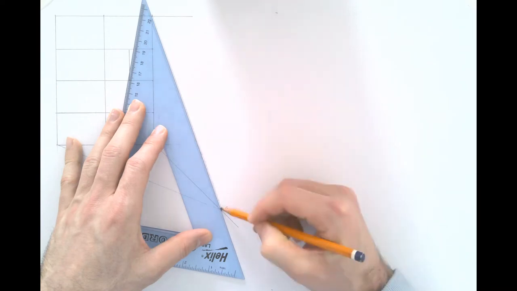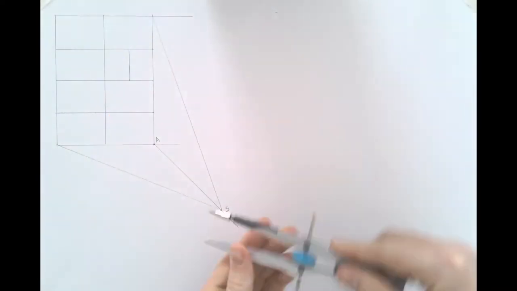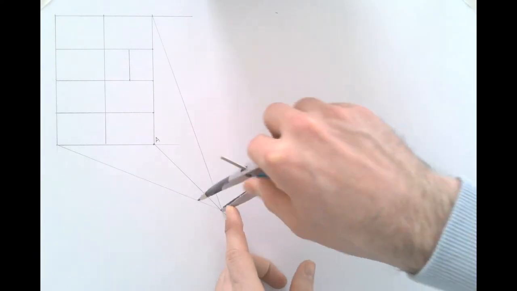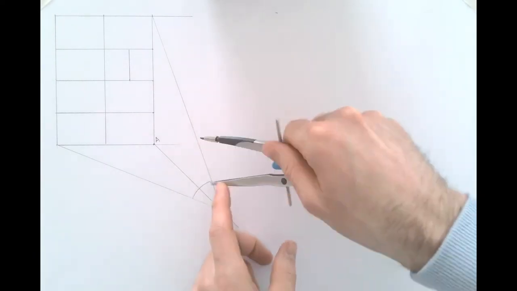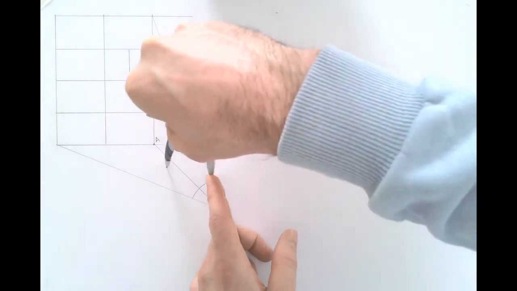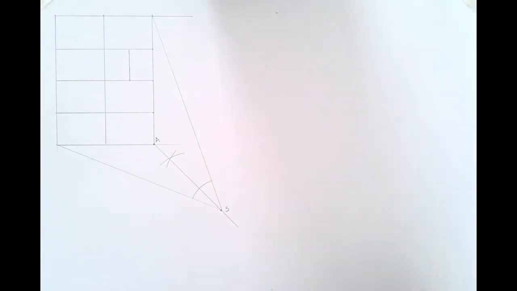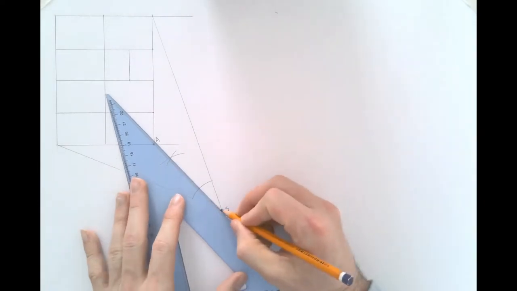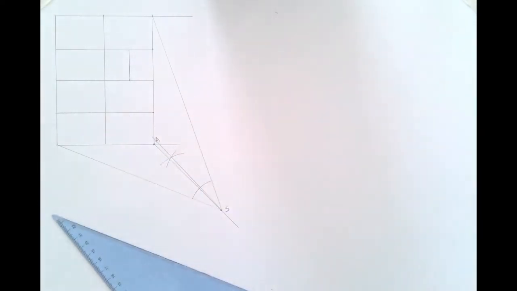And then once you have your cone of vision, you need to bisect the angle in between them to get your center line of sight. Describe an arc on both sides, and it's just off that line there. So that's my center line of sight now.